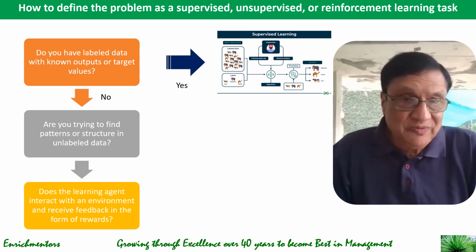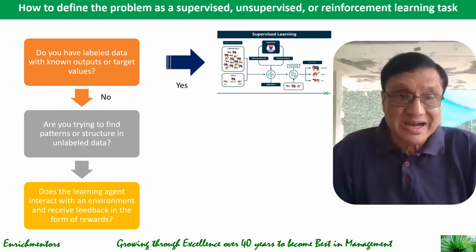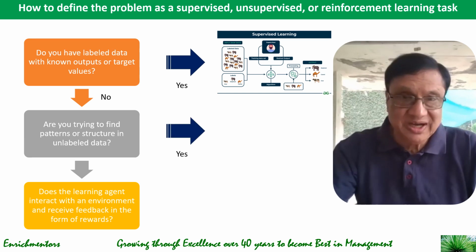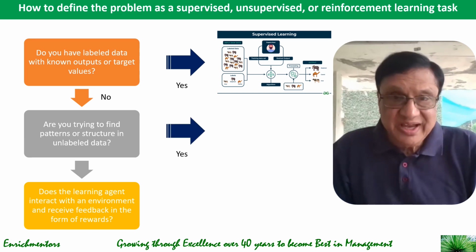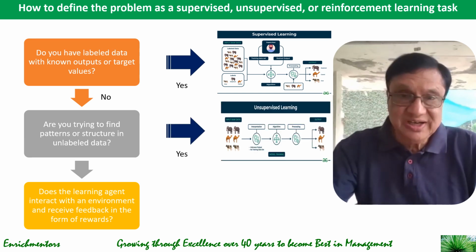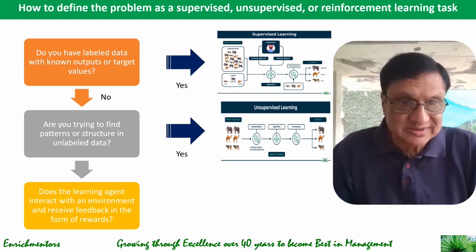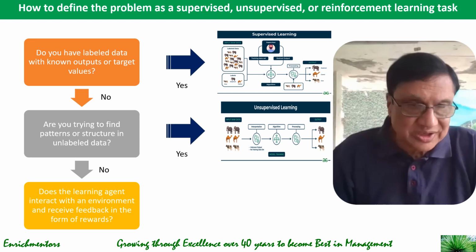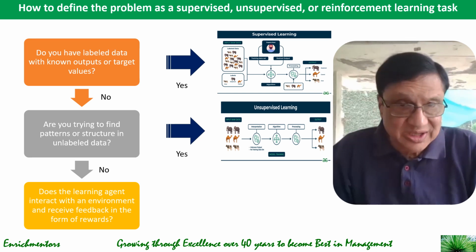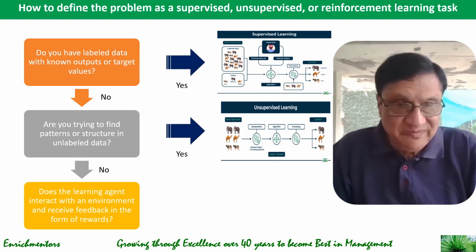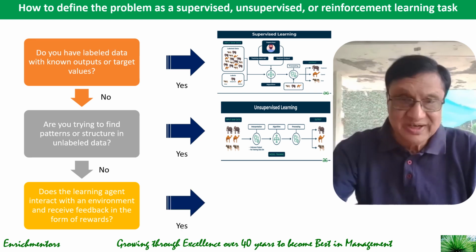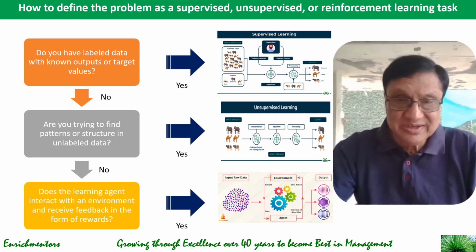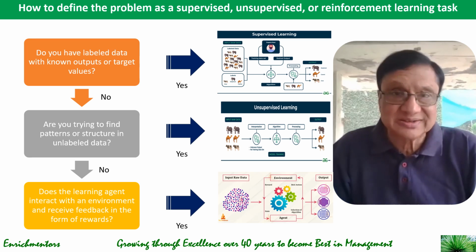Are you trying to find patterns or structure in unlabeled data? If the answer there is yes, then very clearly it's an unsupervised learning task. And if the answer is still no, then you ask the last question: does the learning agent interact with the environment and receive feedback in the form of rewards? If the answer is yes, then it is a reinforcement learning task.